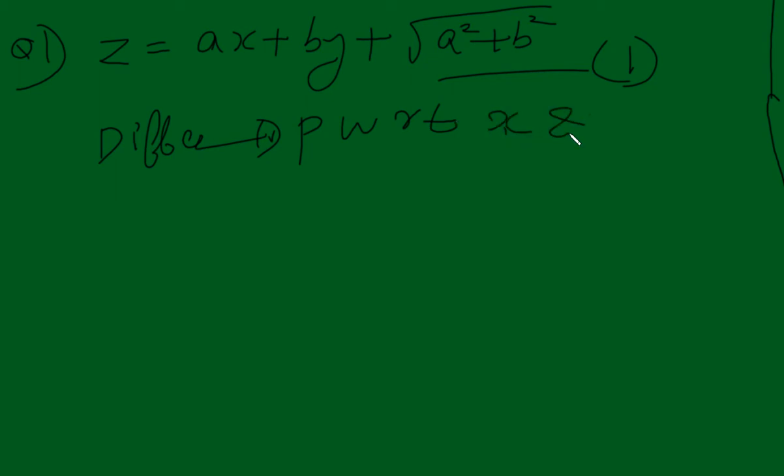When we partially differentiate equation number 1, dou z by dou x is equal to a, plus, there is no constant term, so the derivative of c is 0, and the other terms are also 0. We already know the value of dou z by dou x is p.